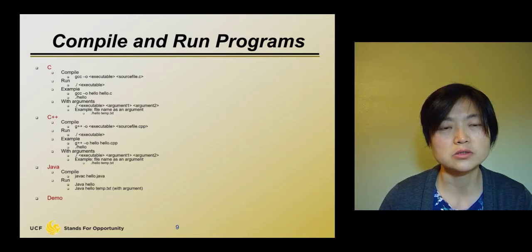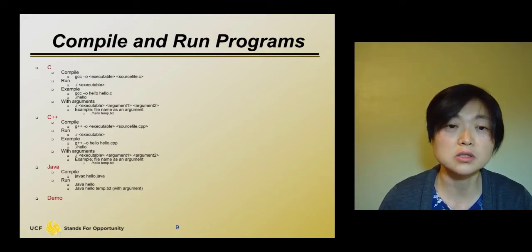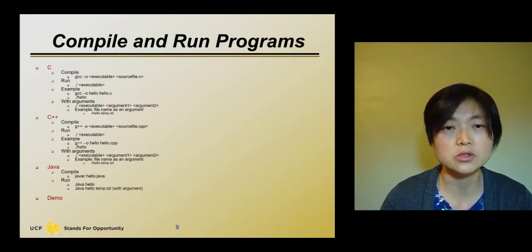Then when you run, you use ./ and run the file, which is the output file you generated right here. So for example, if you do gcc -o hello hello.c, hello is the output, and hello.c is your source file. So when you run this, you do ./hello.